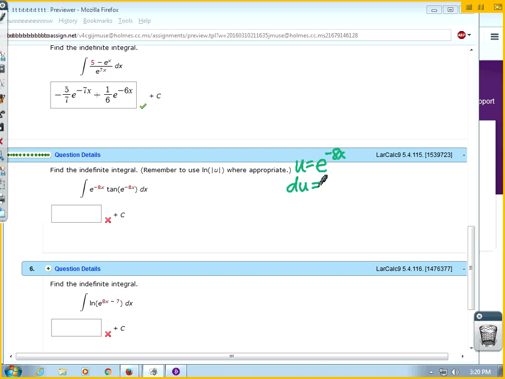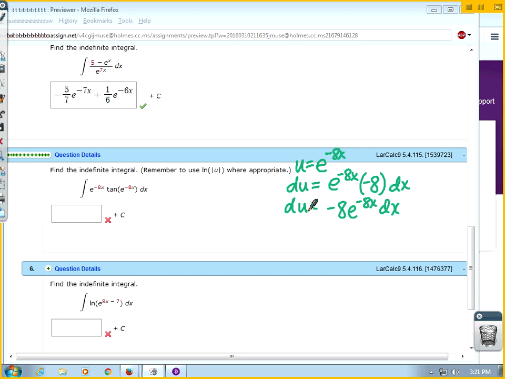Hope y'all can see that. My du would equal e to the negative 8x times the derivative of negative 8x, which is negative 8. So negative 8 e to the negative 8x dx is our du.